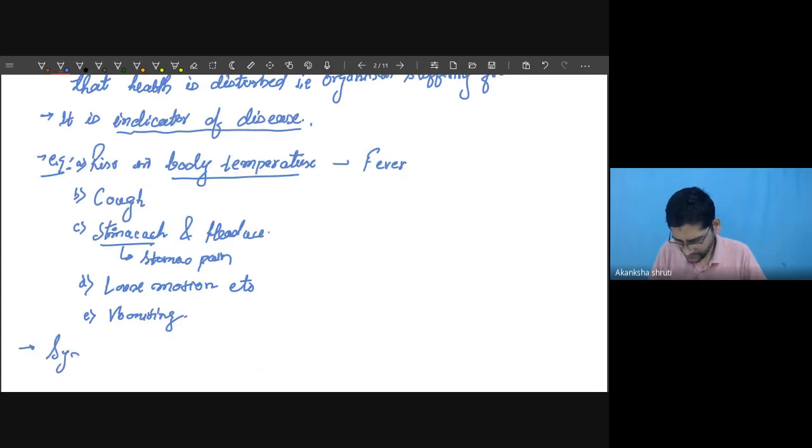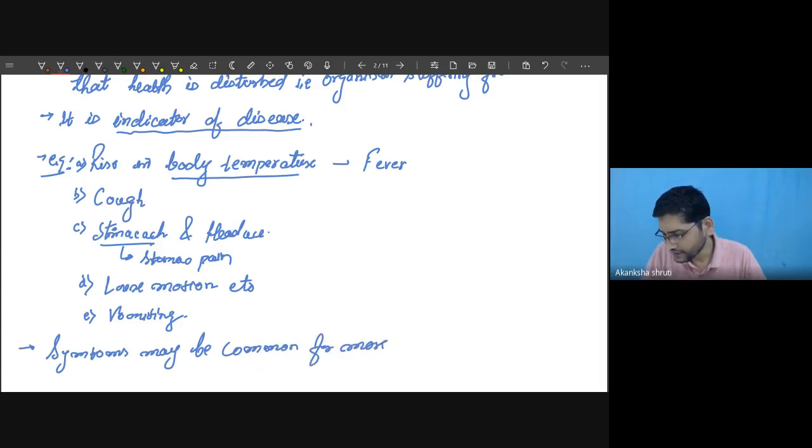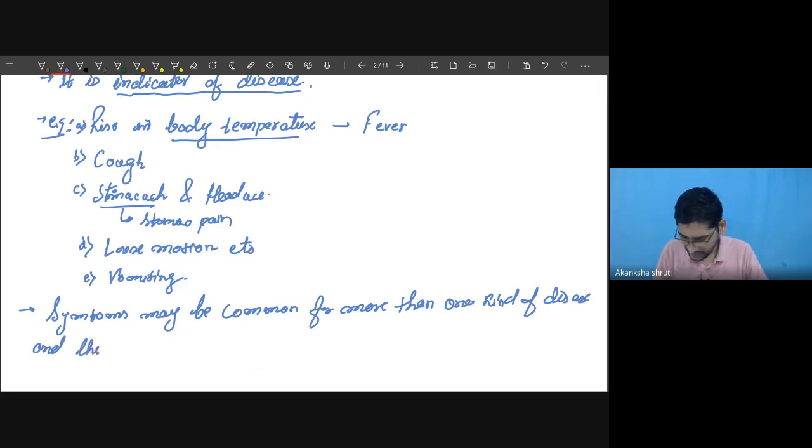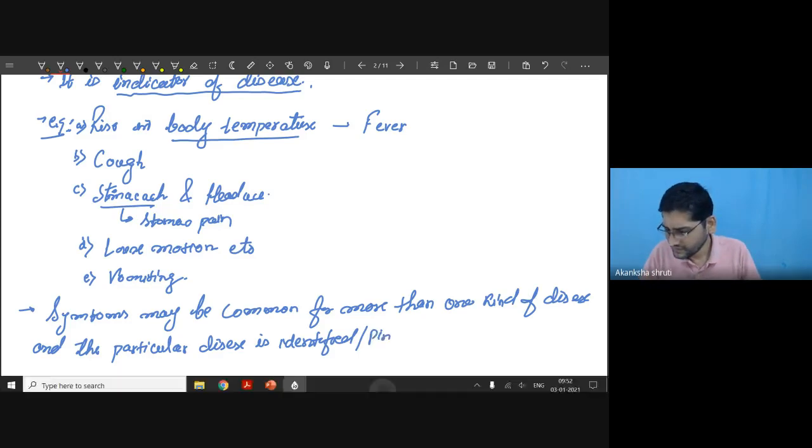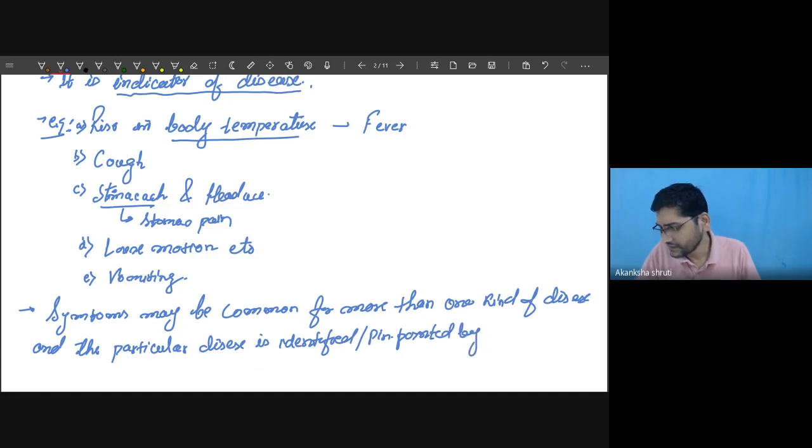So symptoms may be common for more than one kind of disease, and the particular disease is identified by a lab test, a pathological lab test in a hospital.